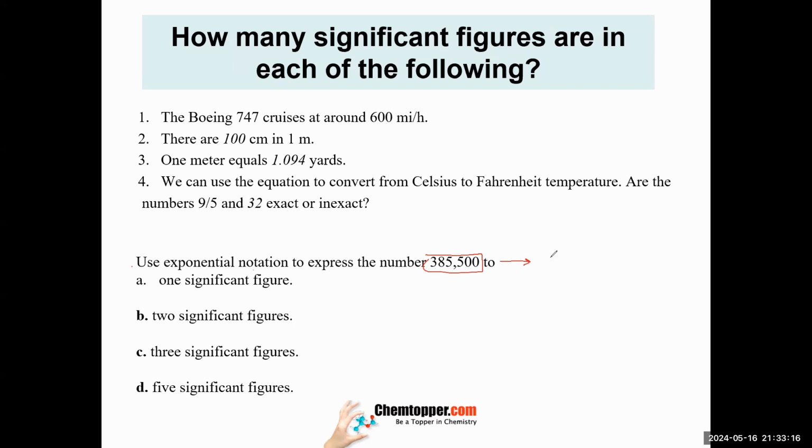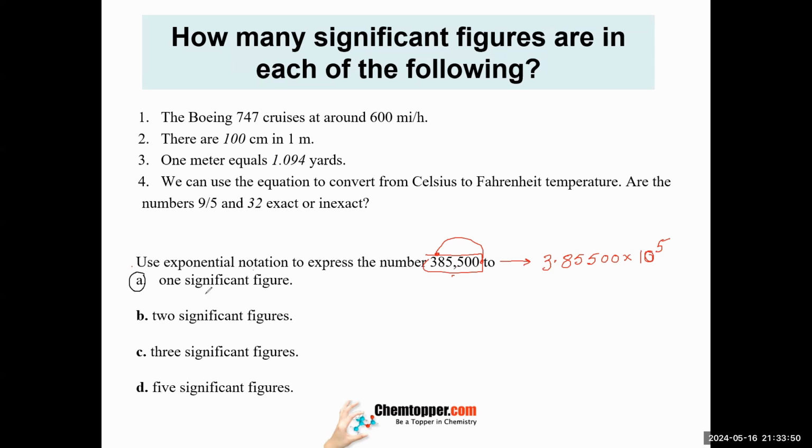So in scientific notation, the number will be 3 point, it's a big number, you can see, 85500 times 10 raised to power. You move the decimal from here to here, right? How many places? 1, 2, 3, 4, 5. So 10 raised to power 5. So that's the scientific notation of the number.